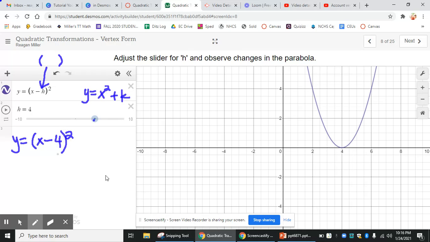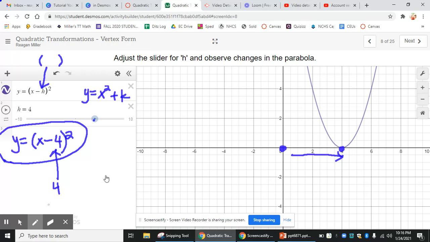So if they give me an equation that looks like this, I know that we're moving 4 places to the right, because our vertex started out at the origin at 0, 0, and then it moves to the right, to 4.